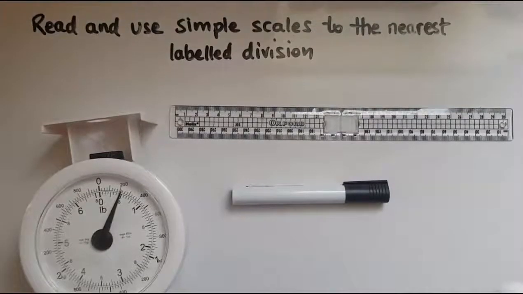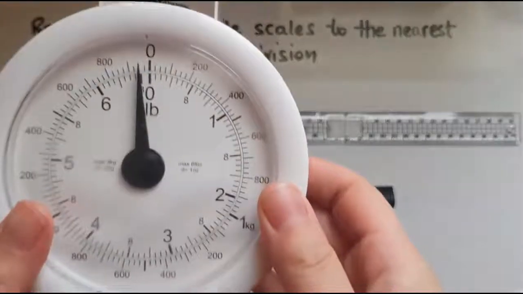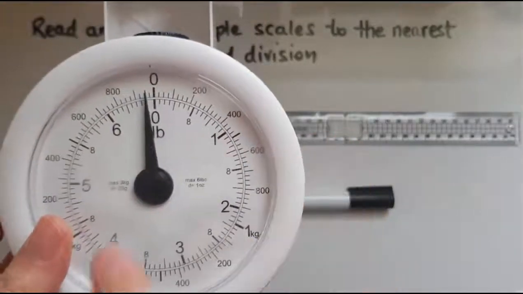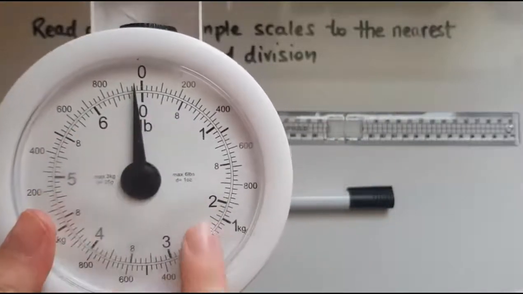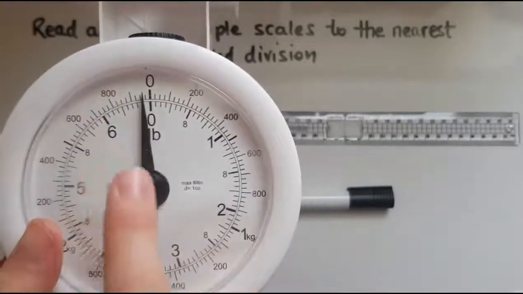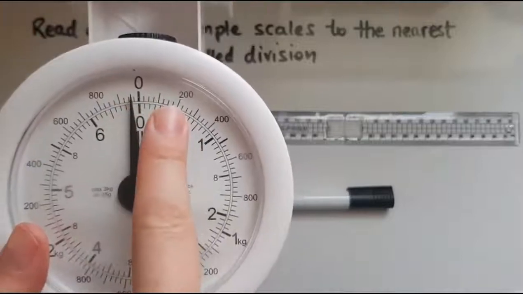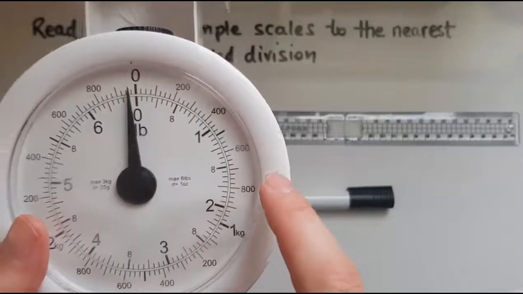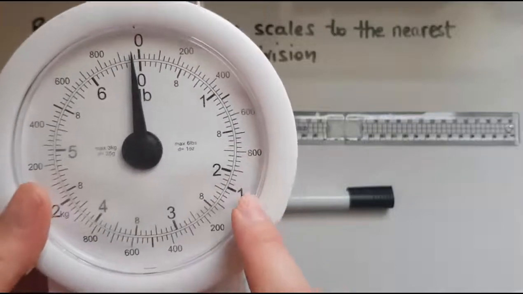In this video, we'll learn to read and use simple scales to the nearest labeled division. If you look at these kitchen scales I have in my hand, there are some different numbers which mean different things. On the outside, we've got these divisions, starting from 0 and going to 200, 400, 600, 800 grams, 1 kilogram and so on.